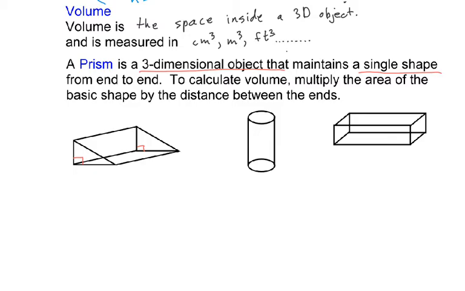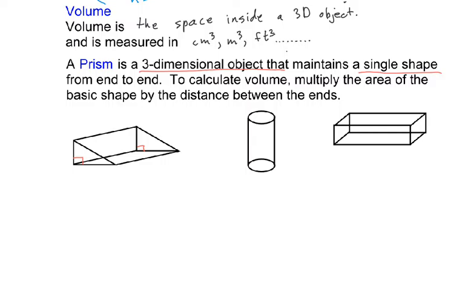To calculate the volume of a triangular prism, we have to first identify the repeating sides, and we've already defined the repeating sides as this triangle and this triangle.